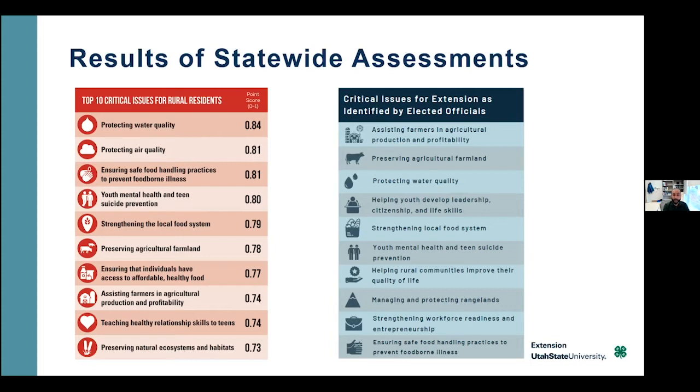In this case, your population for your needs assessment could be farmers or ranchers or anybody within agriculture, if that's the target for your programming. So it's important that you create those county level assessments with your target population, because both these assessments did not have agricultural producers as the target population.